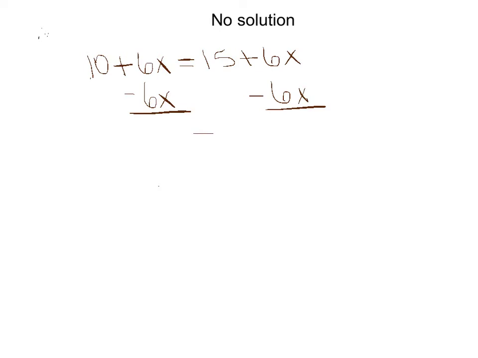If we take the equation 10 plus 6x equals 15 plus 6x, and I go in to solve for x by putting the variables all on one side, subtracting 6x from both sides, I am left with 10 equals 15.